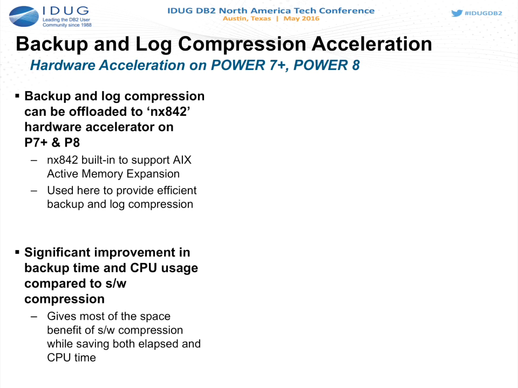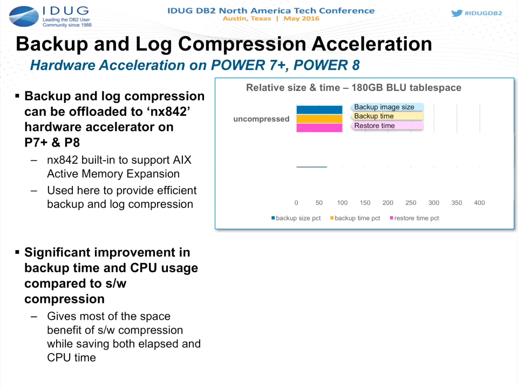It was used for the so-called Active Memory Expansion on AIX, which allows effectively an expansion of the real memory you're able to use through compression technology on the AIX operating system. We found that we can use this with our backup compression to deliver some very nice improvements in terms of the CPU costs and reduction in elapsed time for backups and restores. So let me take you through an example. This was a backup and a restore of a 180 gigabyte BLU table space, so it was a columnar table.